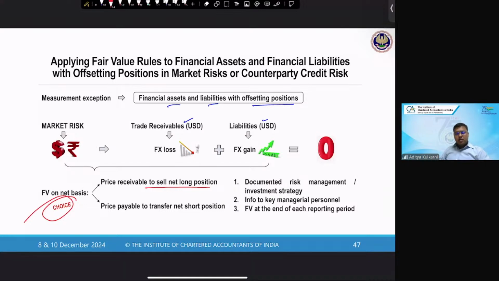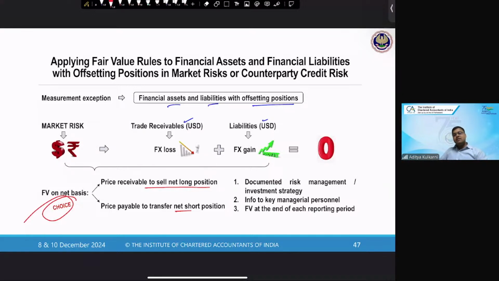Yes or no? So these dollars have to be sold in the future by me. So it will be a price receivable to sell my long position. Did you understand? Yes. Against that, I have a vendor whom I have to pay in dollars. So at the due date, I will have a price payable to transfer a net short position.